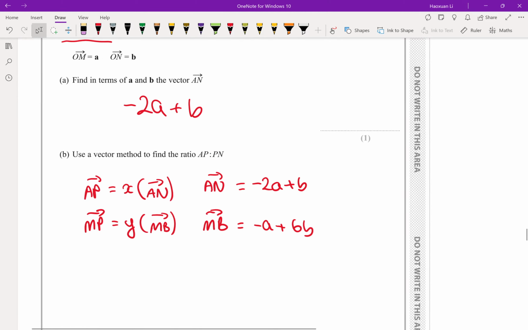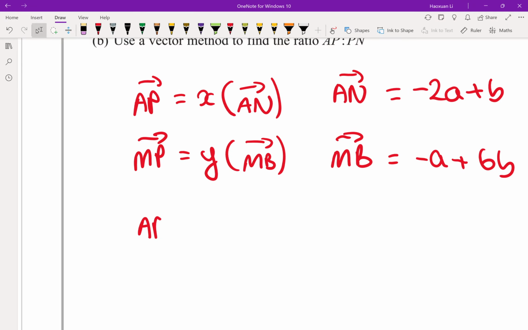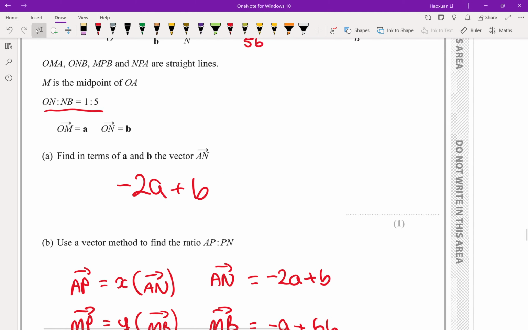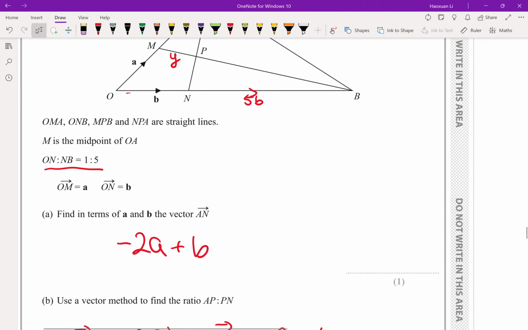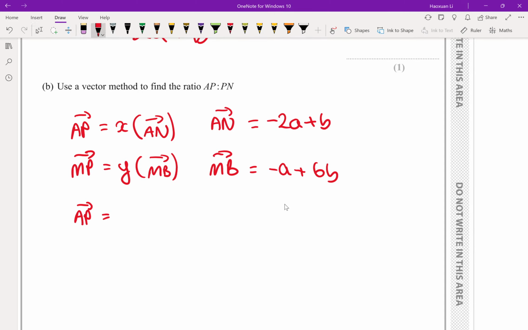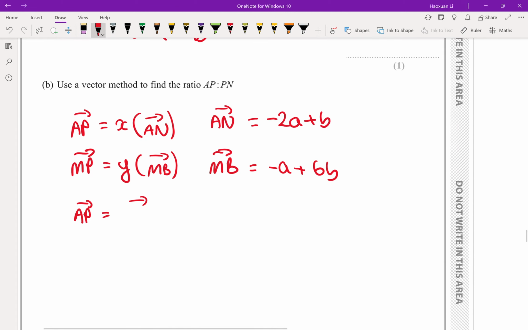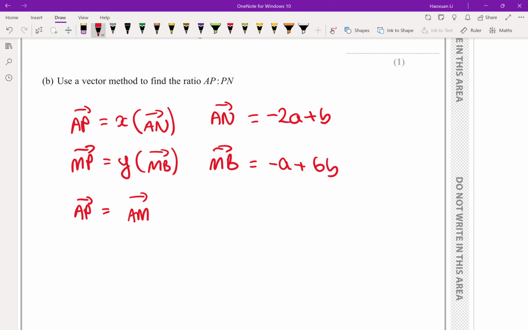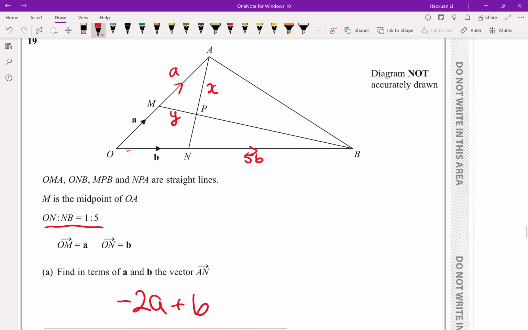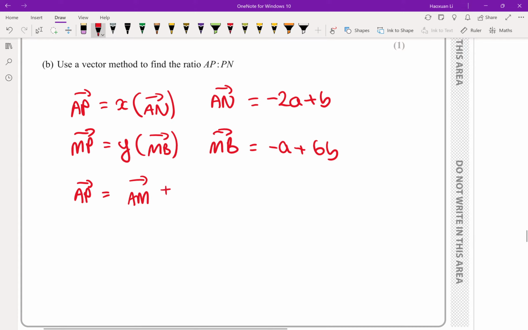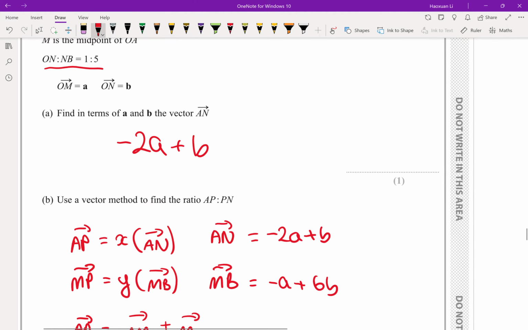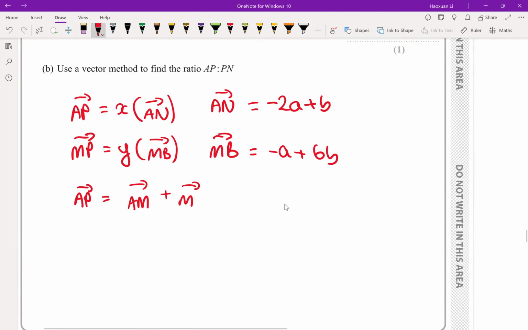And now AP has another direction. So you can go a way of AM plus MP.